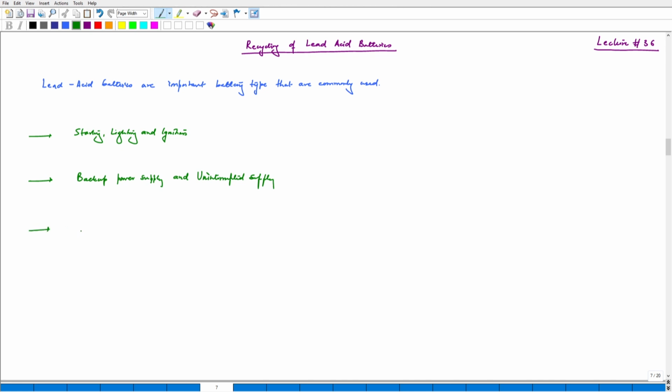Third could be storage unit, and other applications.